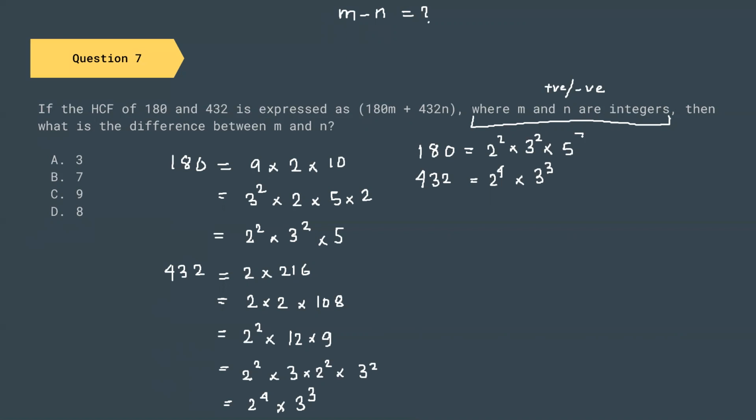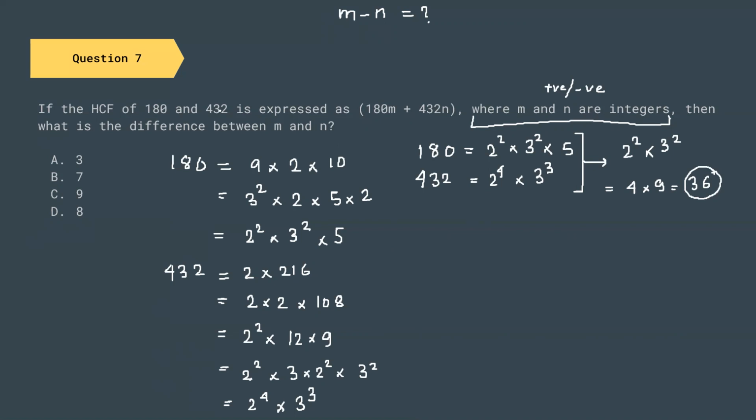HCF means we have to find the greatest common factor between these two numbers. And the common factor between these two numbers will be 2 square into 3 square. And that gives us 4 into 9. That means this is 36. If I'm not wrong, this is 36.